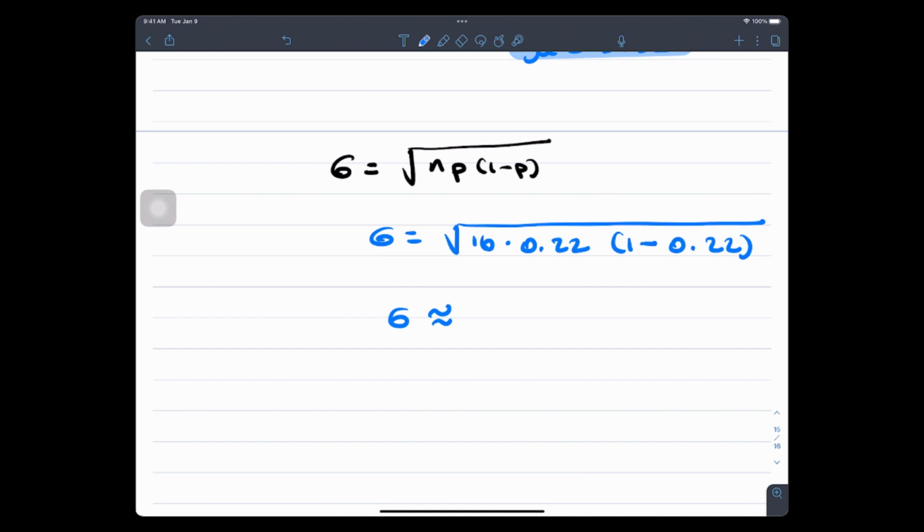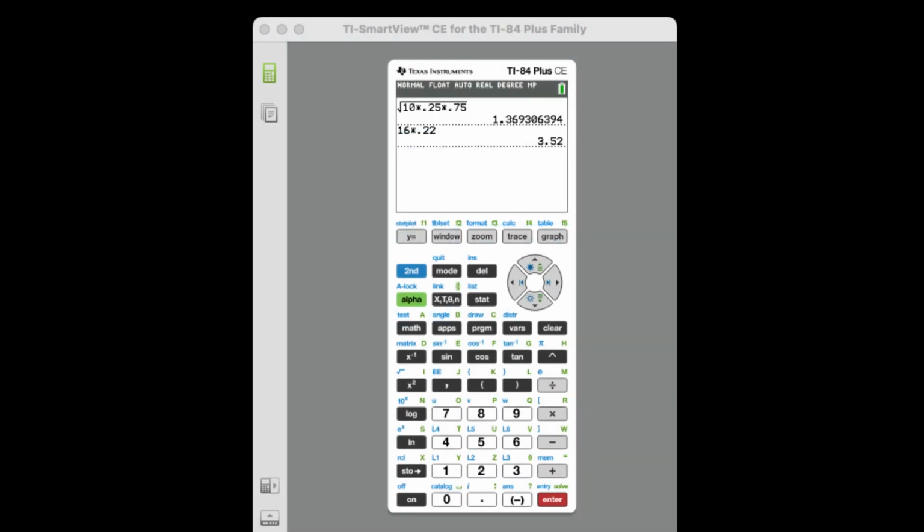Second, square root, you're going to put what? 16 times 0.22. You know what I can do? I can put a parentheses and put a 1 minus 0.22, and I could close that. And ladies and gentlemen, there you go. What are you going to get to the nearest thousandth? 1.657.